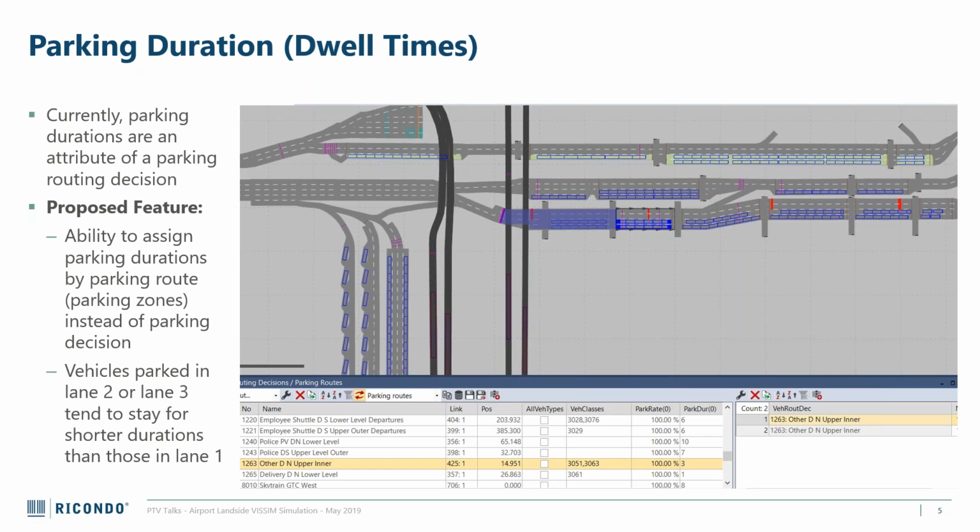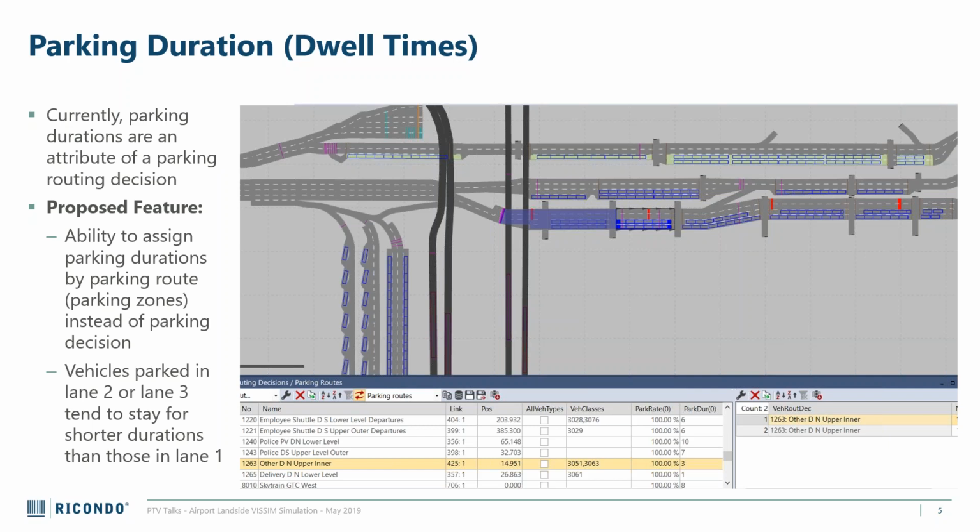If you have vehicles parking on the inner lane of your curbside, they tend to stay longer. As they are double parking or triple parking, they have a much shorter duration. The issue we have today is that parking duration is assigned to a parking routing decision.